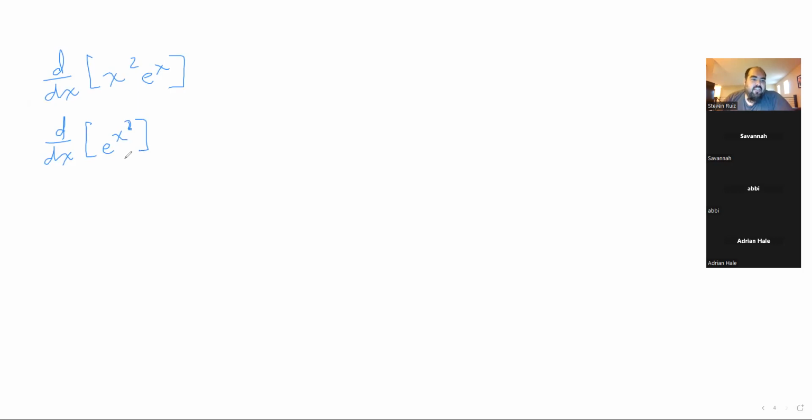So in this bottom one, e to the x squared, let's follow x and see what happens. What's the first thing that happens to x in e to the x squared? That first thing is going to be a squaring.